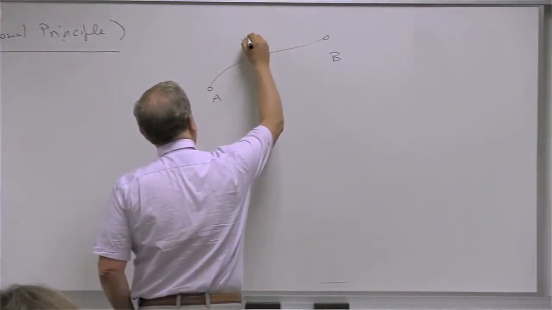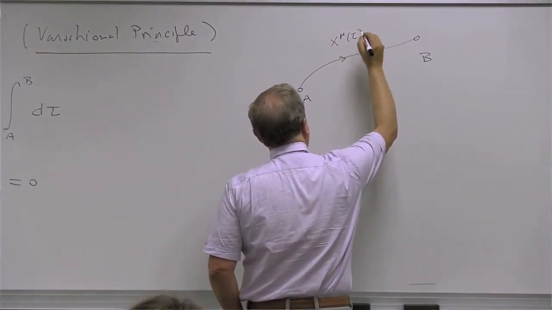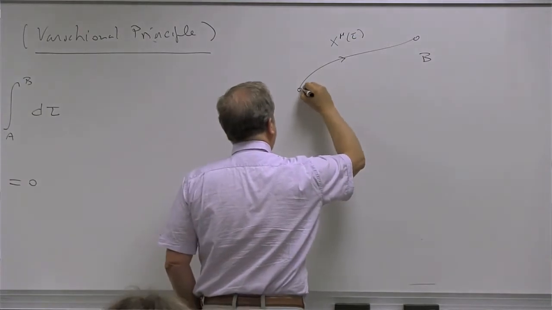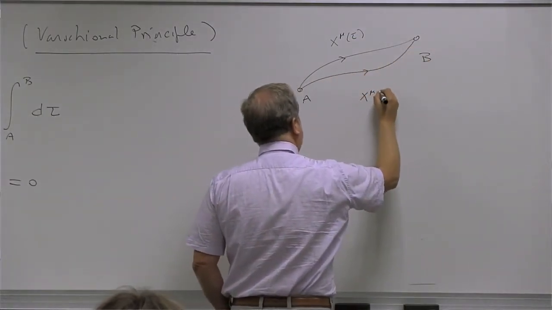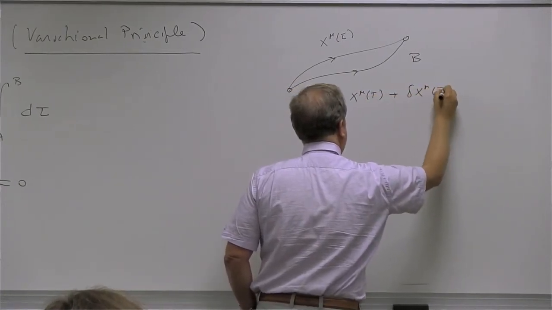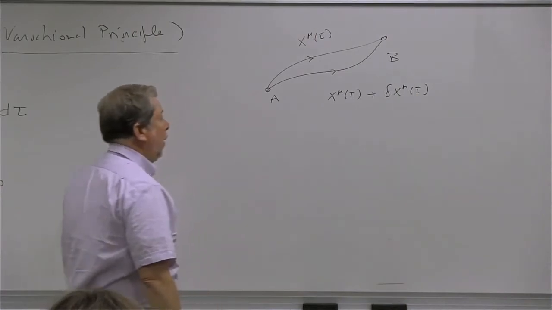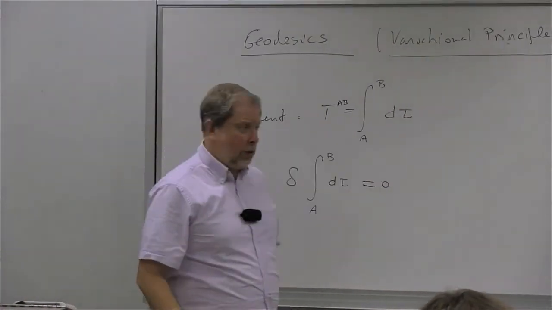So that means that you have one trajectory here, which is x^μ of some time, and you consider a neighboring path. So the neighboring path would be x^μ(τ) plus δx^μ(τ). Right, so you consider one path and a neighboring path, and now you do this variation. All right.